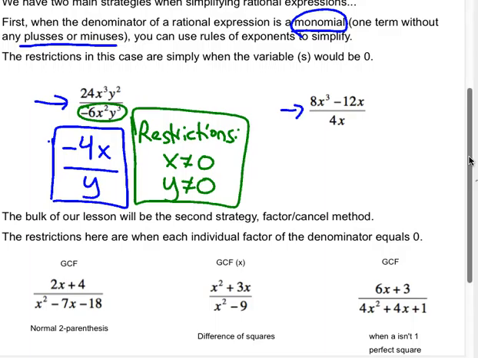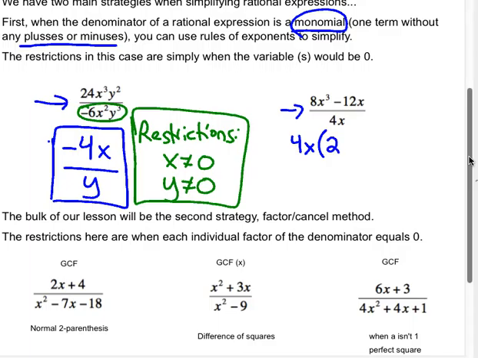So in this one, I can factor out of the top. Both the 8 and the 12 are divisible by 4. And there's x's in both of them, x cubed and x, so I'm also going to pull an x out. So 8x cubed divided by 4x, I'm pulling that out. Well, 8 divided by 4 leaves me with 2.